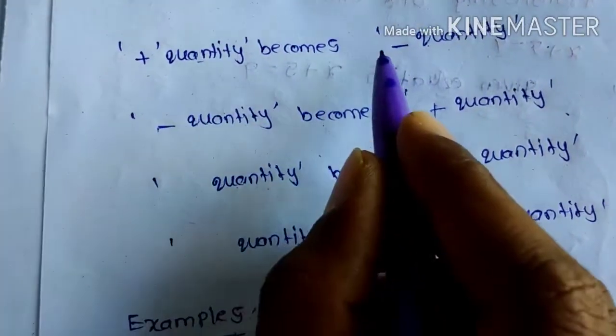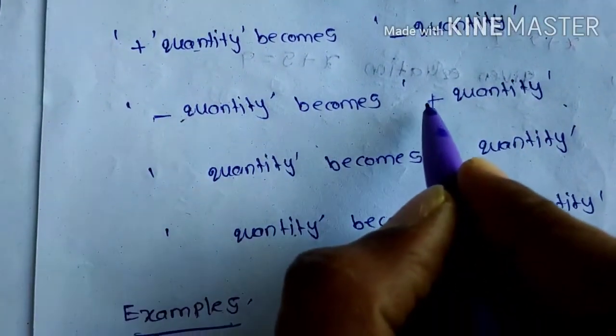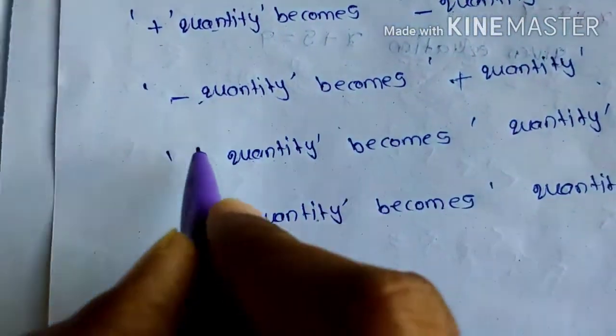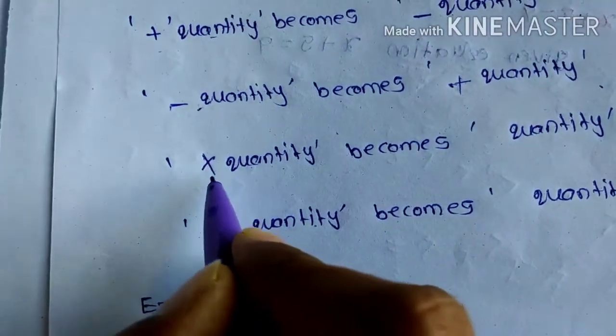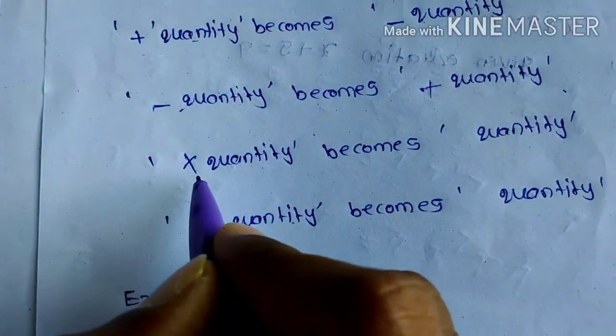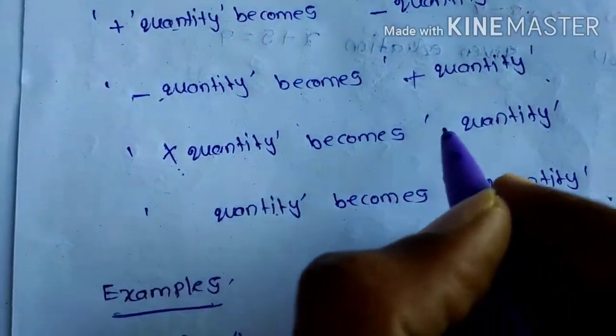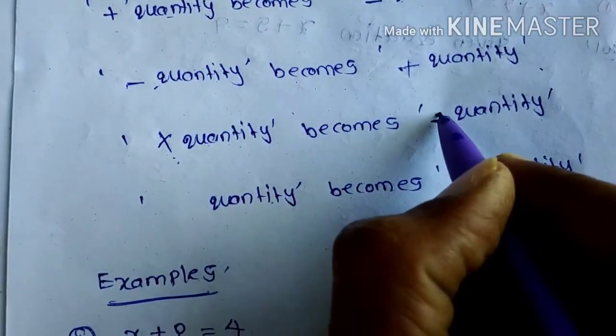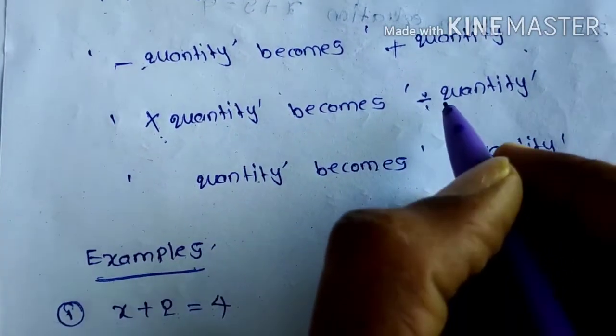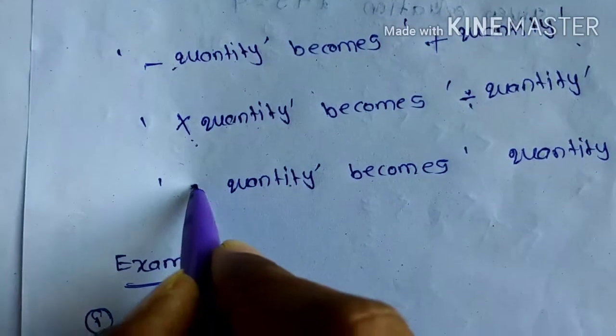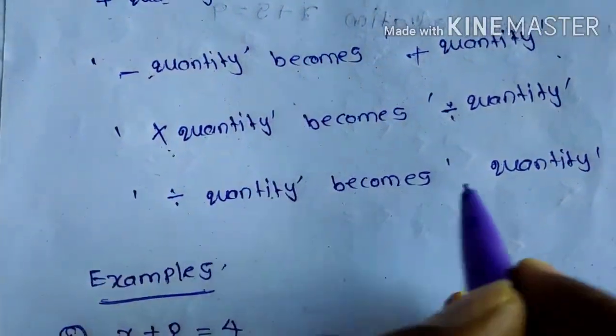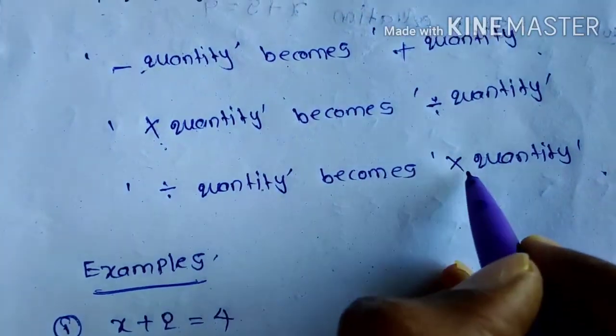If it is plus, it will become minus. If it is minus, it will become plus only. If it is multiplication, the multiplication quantity becomes division quantity. Division quantity becomes multiplication quantity.